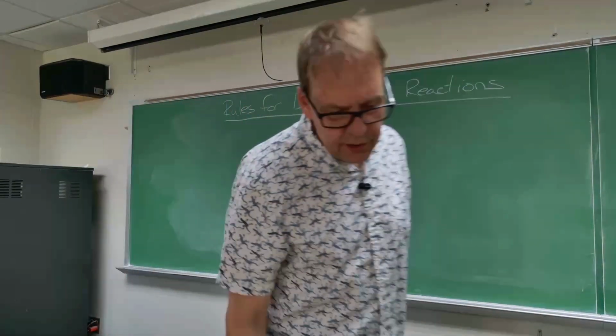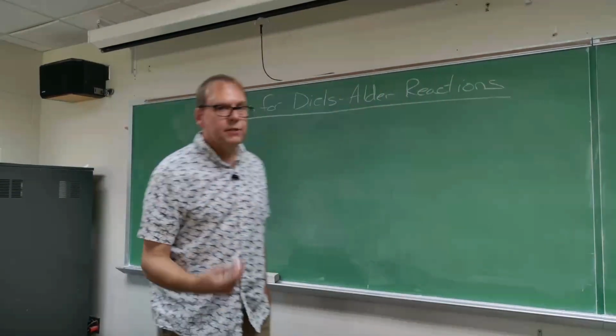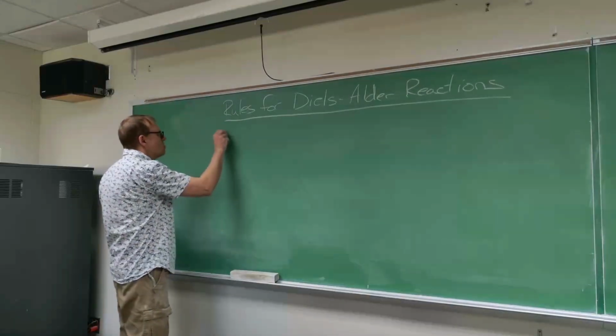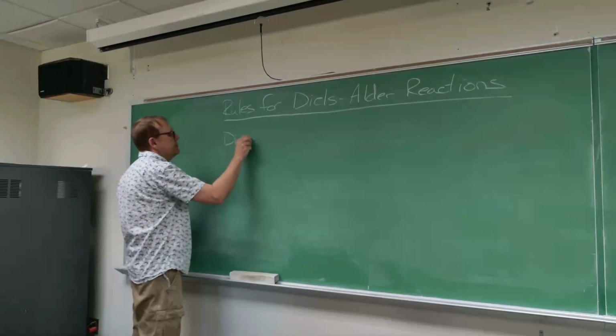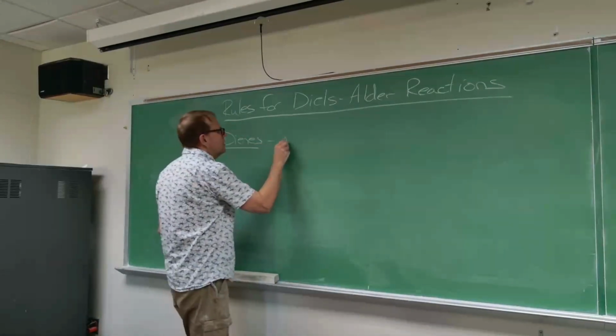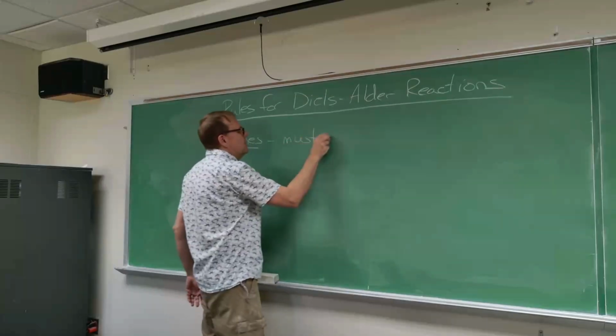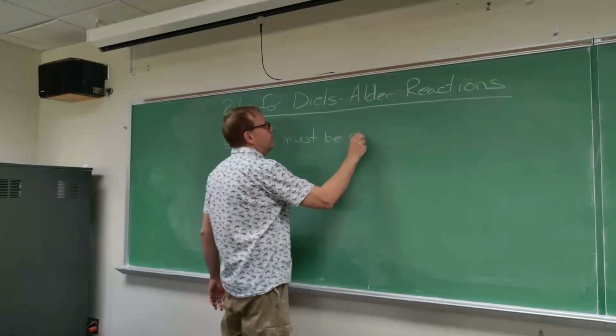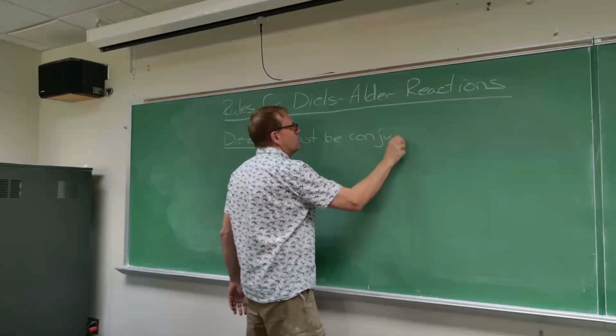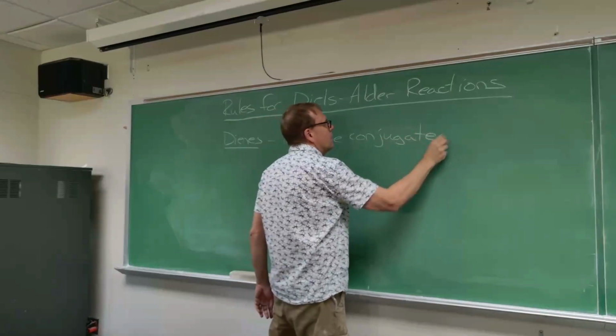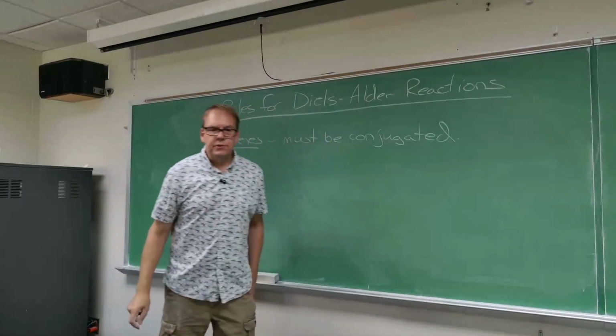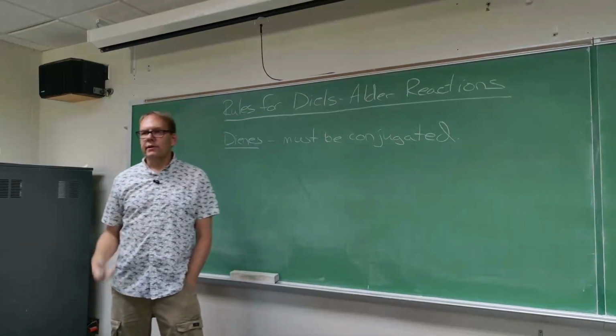First rules have to do with dienes that I'll talk about. Dienes must be conjugated. That's the first rule. Diels-Alder reactions don't work with dienes that are not conjugated.